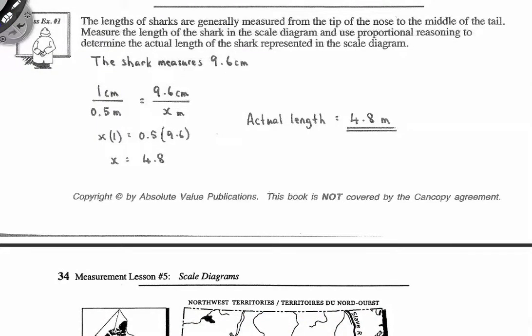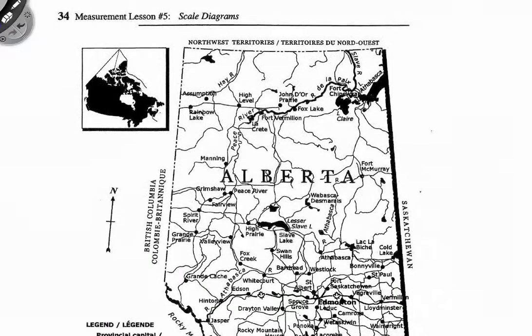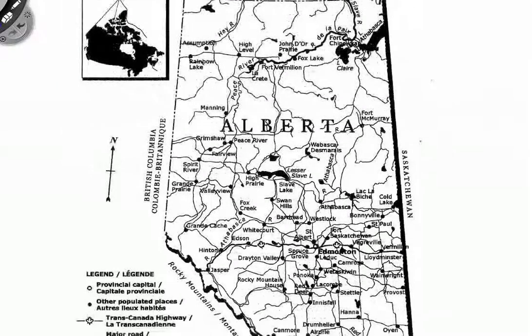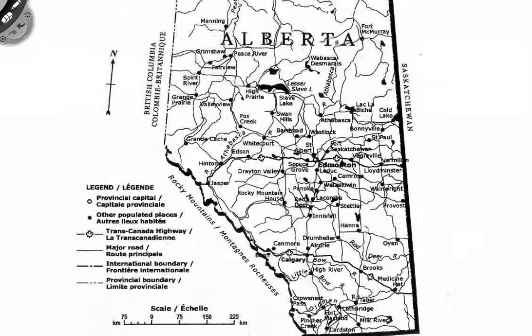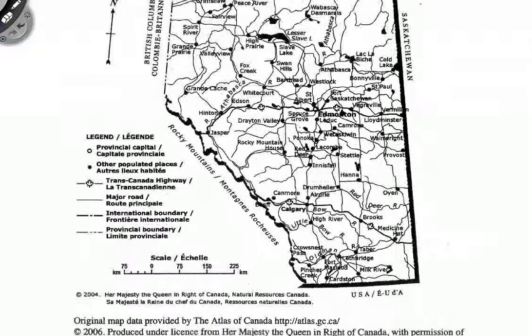Okay, so looking at the next page, page 34, make sure you're writing the answers to these class examples as we go along. We have a scale diagram here, a map of Alberta, and we have a scale at the bottom, a legend as well.